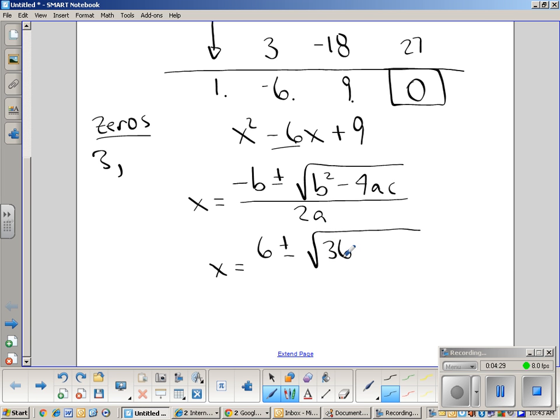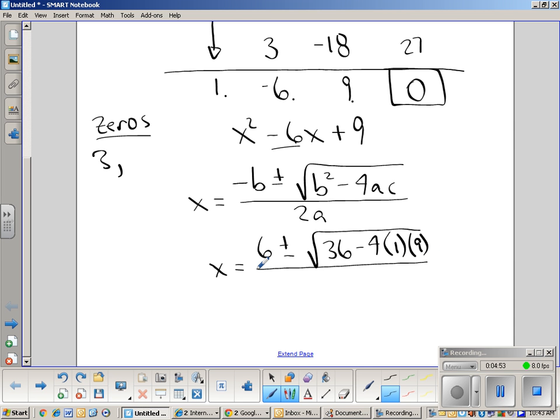I asked that question because some of you will plug negative 6 into your calculator, not use parentheses, and your calculator will tell you the answer is negative 36. And it's not. When you square whatever that number is, you have to get a positive. Minus 4 times a, which is 1, times c, which is 9.